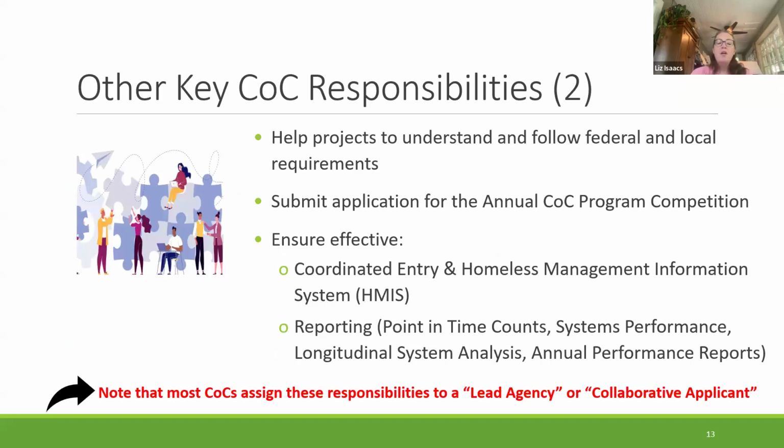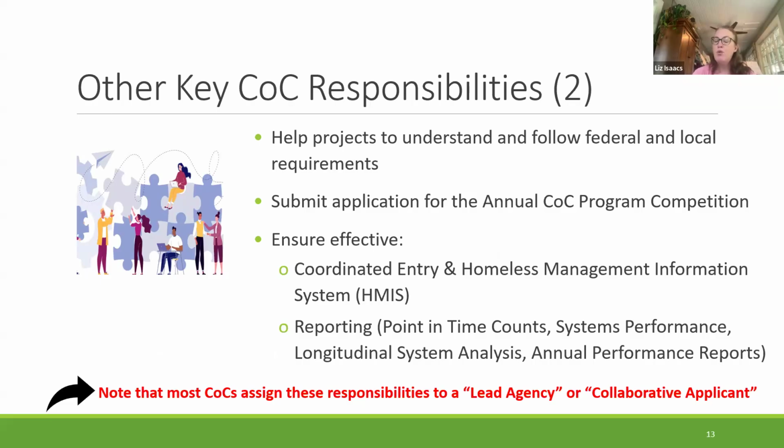Okay. So we're not done. There's more to do. So we need projects to make sure, Matt talked a little bit about this too, all the different requirements, right? And we talk a lot in our world about compliance. Are we complying with all of the requirements? And I know I'm going to say it twice now, so I don't want to scare people. But part of compliance is so important because we never want anyone to lose their money.